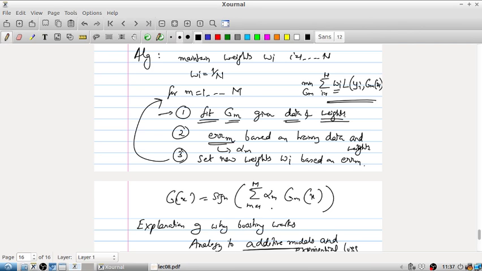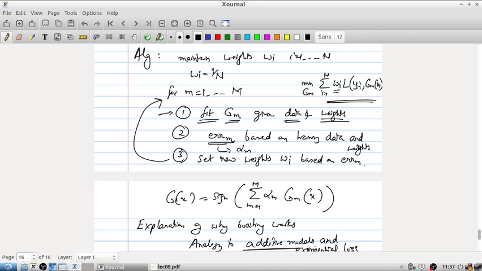The final function that Adaboost gets is the sign of the sum over m equals 1 to M of alpha m g m. This alpha m resembles the beta coefficients there, and g m resembles the b function there. It's just that the way it's getting there is not really explicitly solving a minimization over some loss.